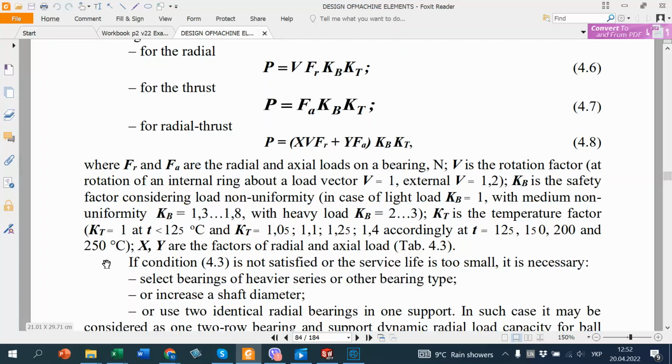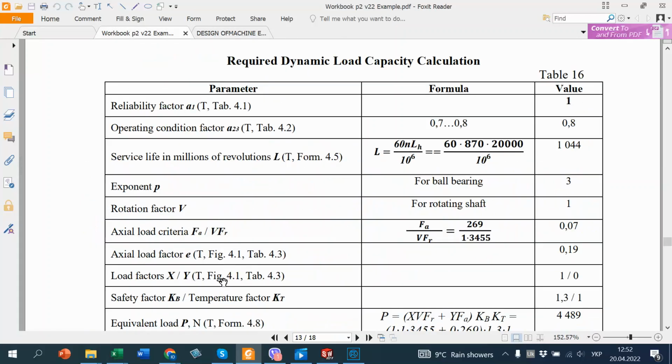So it means that the bearings also will have a working temperature less than 100 degrees centigrade. That's why KT in our case equals 1.